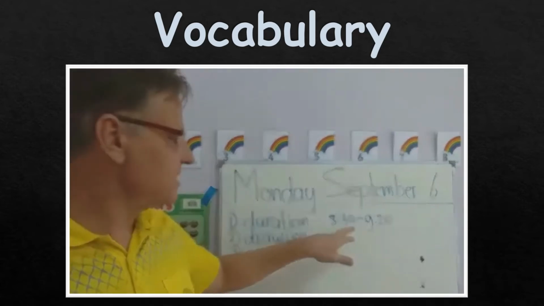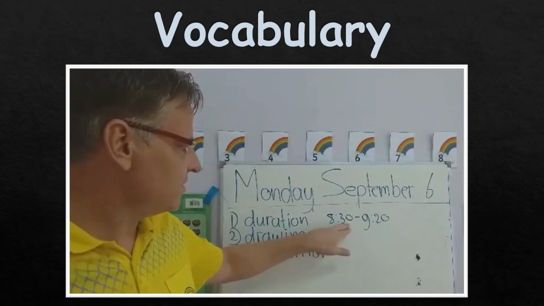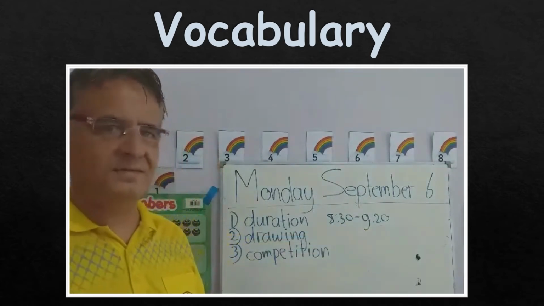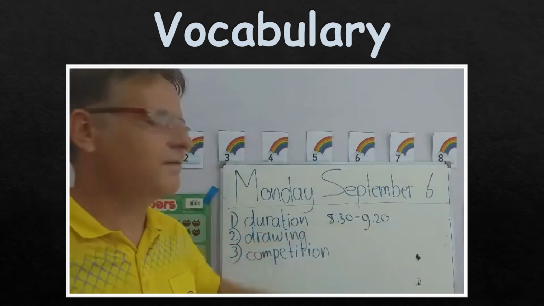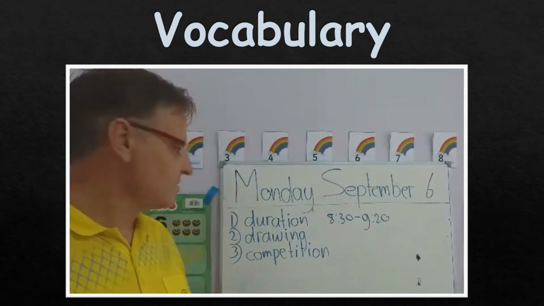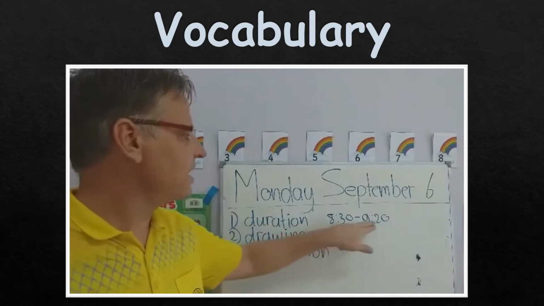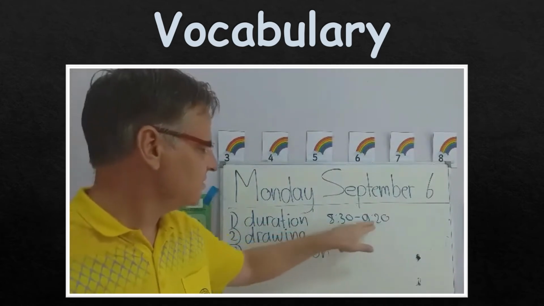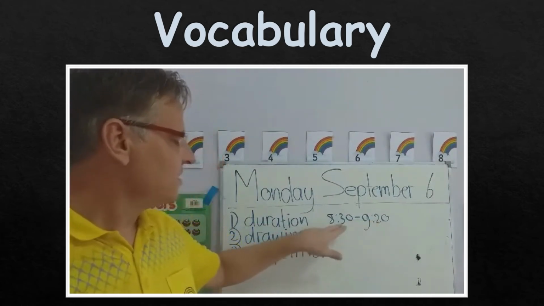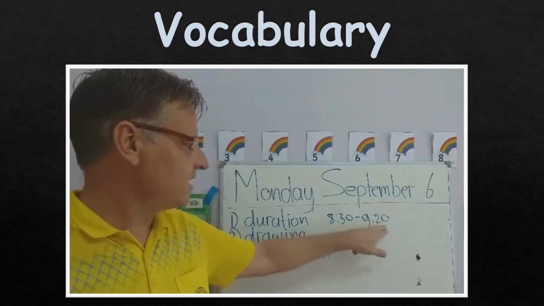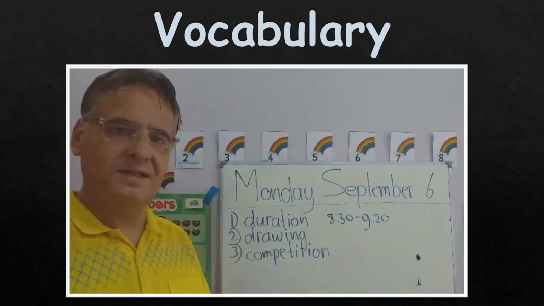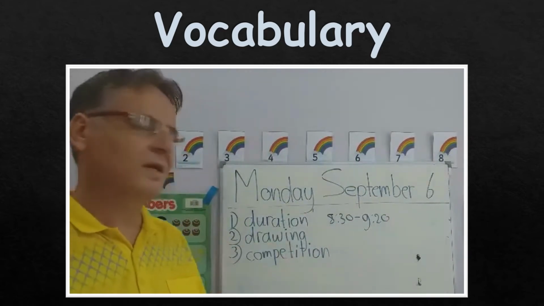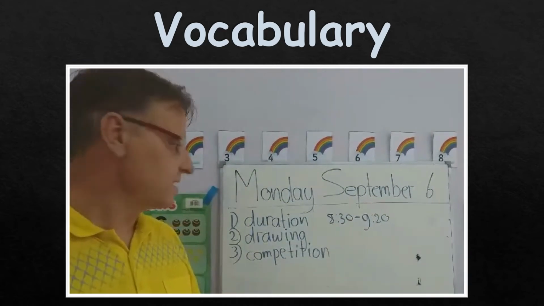How many minutes is that? That is 30, 40, 50 minutes. So the duration is 50 minutes. That's duration, the amount of time passed between 2 points in time. Between 8:30 and 9:20, the duration is 50 minutes. We will see that later in our lesson.